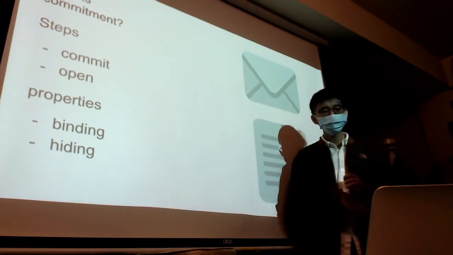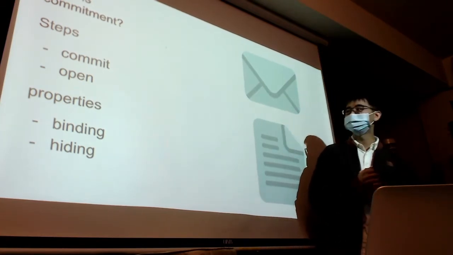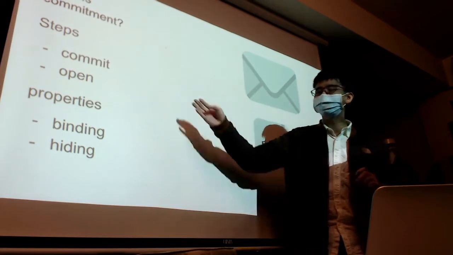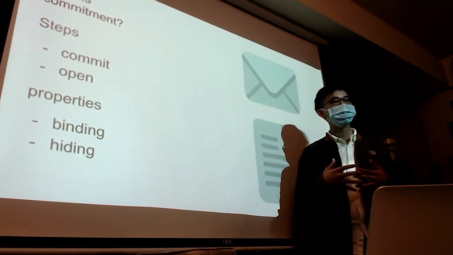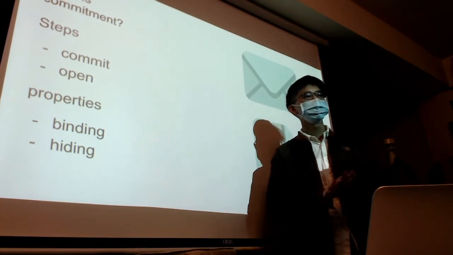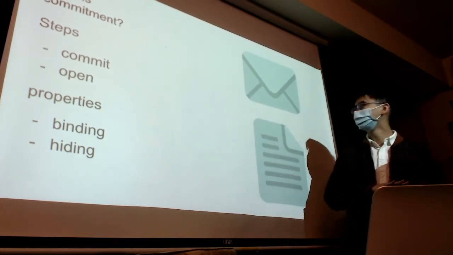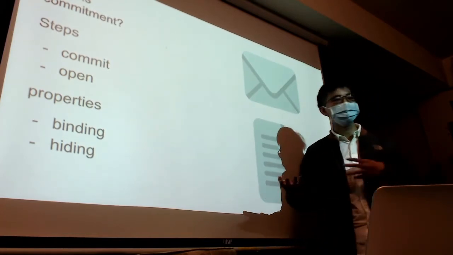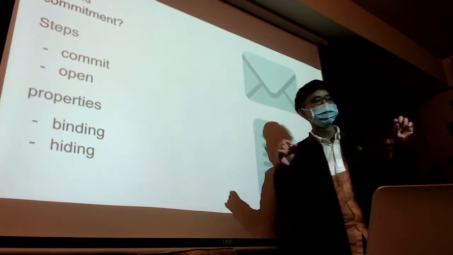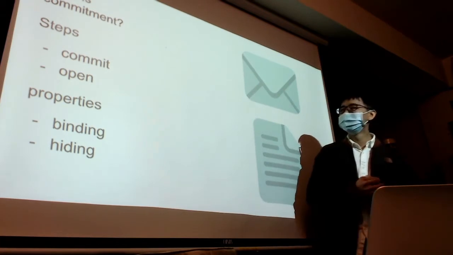So in this typical example, we can see that the commitment has two steps. The first step is you commit your message to an envelope. Let's say there's a piece of data in the blockchain example. It might be like 32 bytes of data, just data.